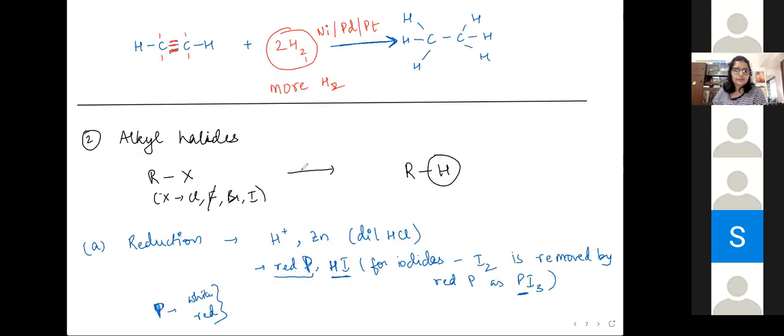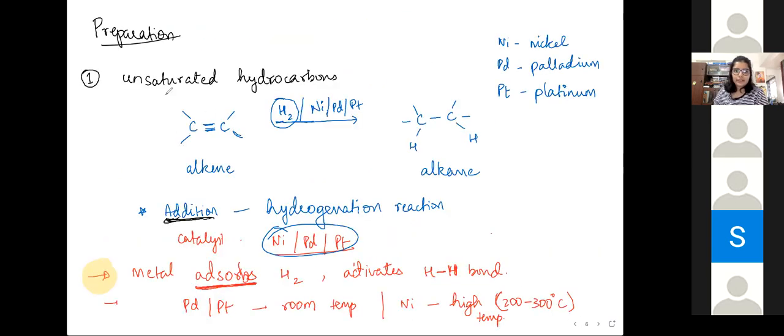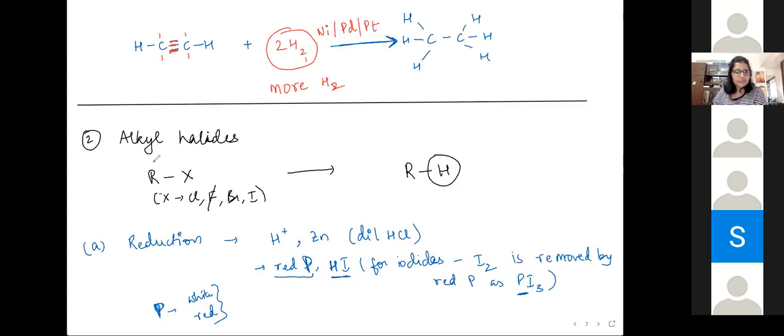Substrate, in the first case, we're looking at unsaturated hydrocarbons. So if we were to get an alkane from unsaturated hydrocarbon, what all reagents can we use? In this case, it is hydrogen gas directly. This is the only thing. The next one, substrate is alkyl halides in all the cases.